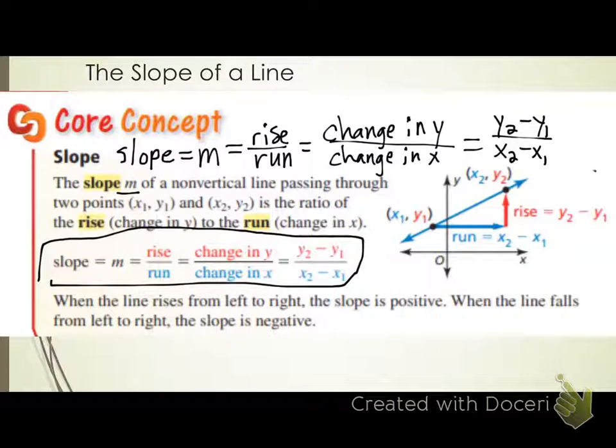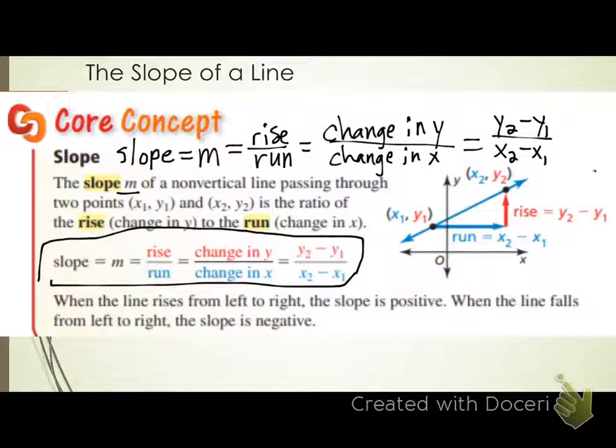So once again at the bottom, we've already talked about this. When the line rises from left to right, the slope is positive. When the line falls from left to right, the slope is negative. So if you're given a graph of a line, or if you have 2 points, you can draw a triangle between those 2 points. Does everyone see how we draw the triangle?